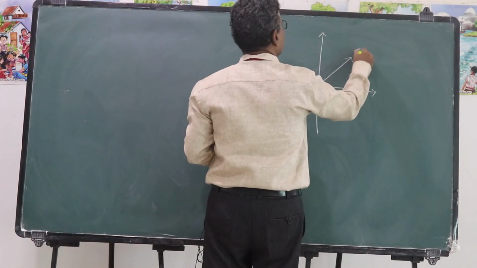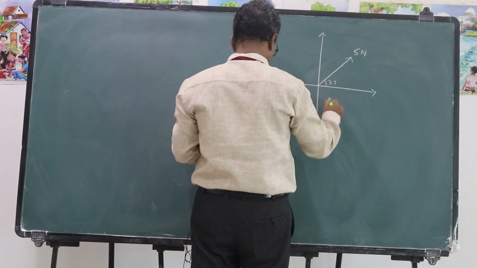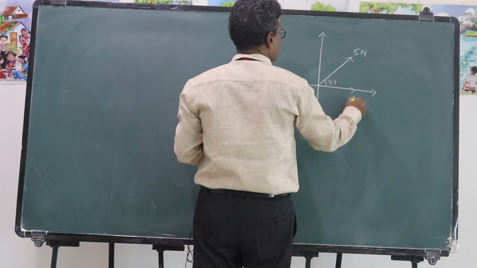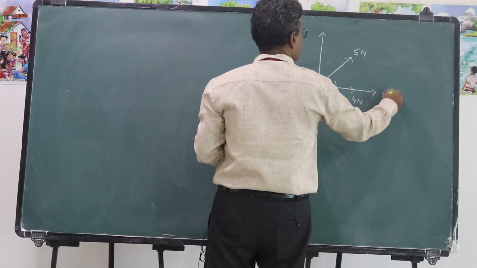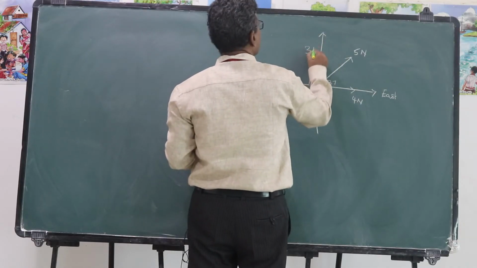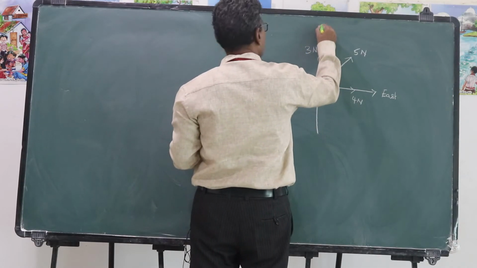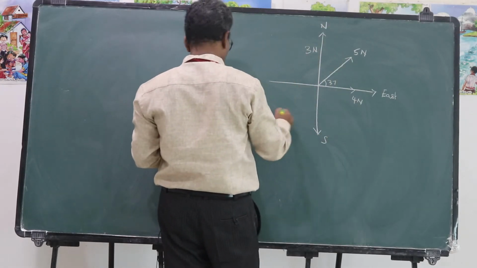Newtons, 37 degrees, 4 newtons east, 3 newtons north, south, west.